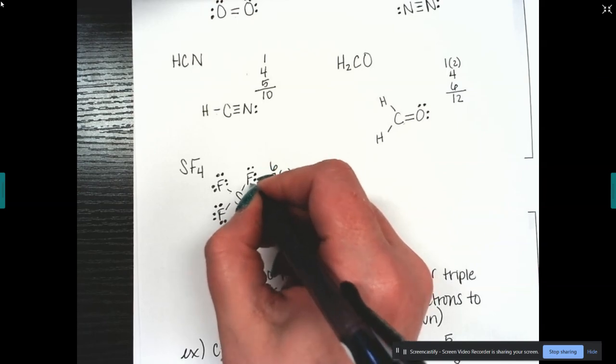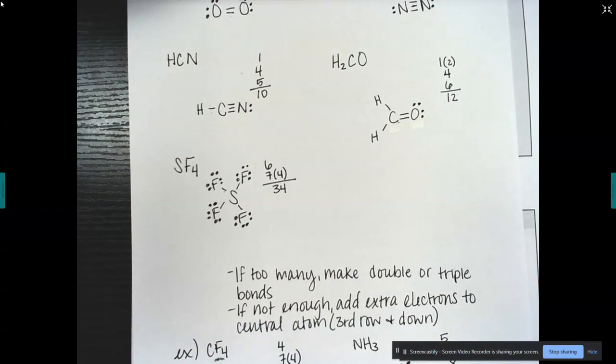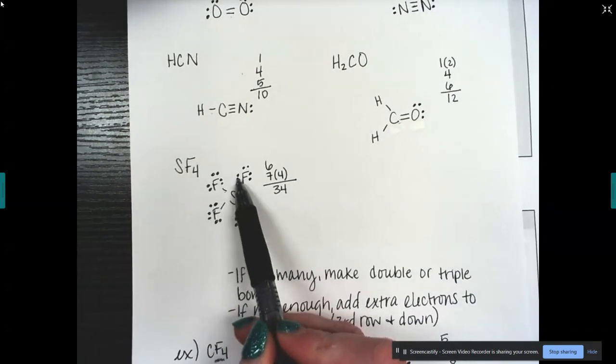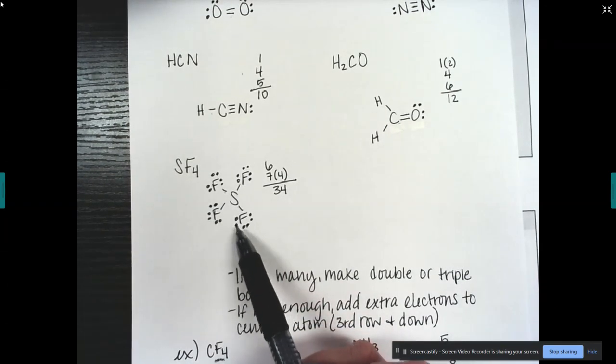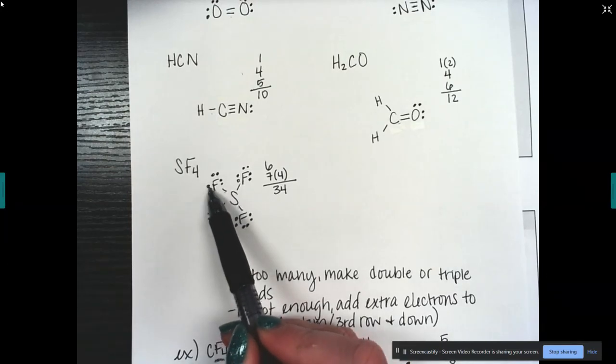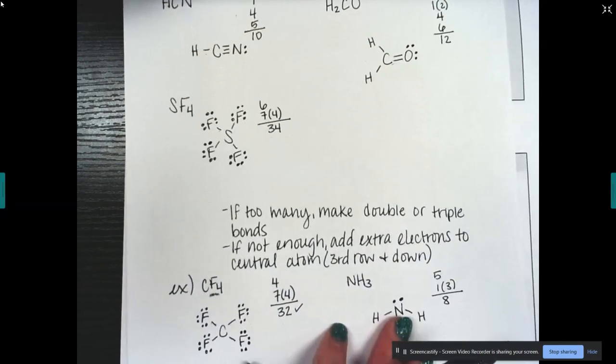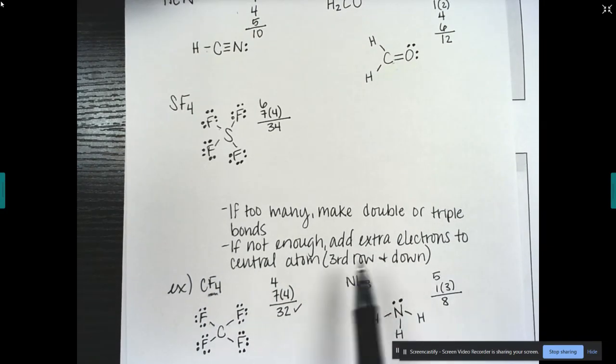Okay. Then let's count them up. So 2, 4, 6, 8, 10, 12, 14, 16, 18, 20, 22, 24, 26, 28, 30, 32. Okay, so look at the other if statement.